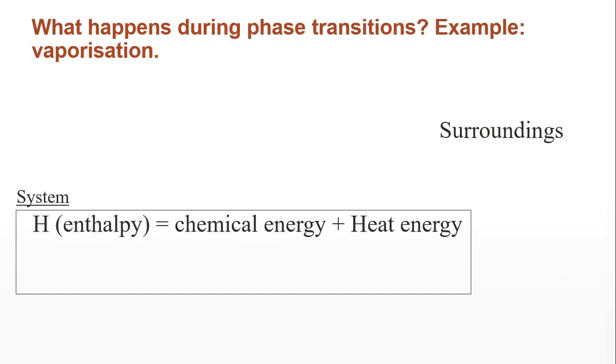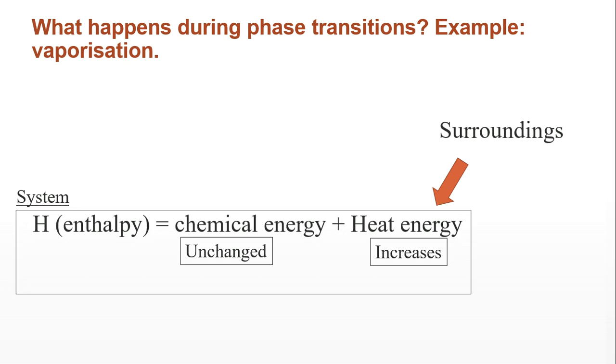We're also going to look at phase transitions. Let's think about vaporization. We put, for example, water on a stove, we turn the plates on, and we heat up the water until it starts to boil. So what happens is that we will add energy into the system from the surroundings, and that takes the form of heat energy, which will then increase within the system.